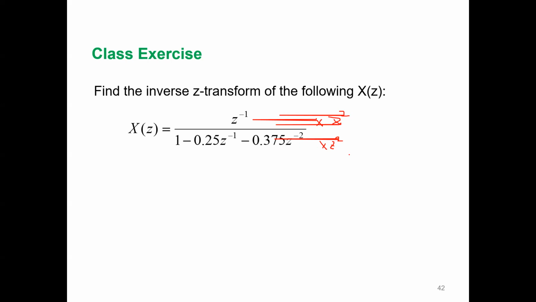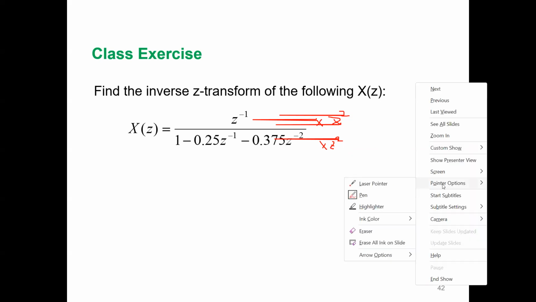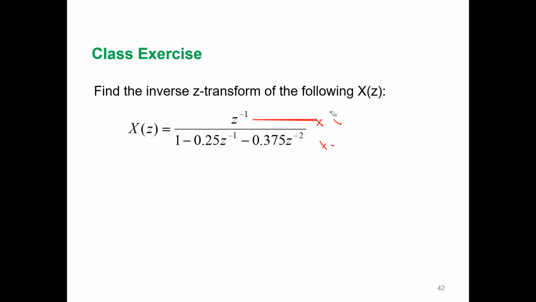So depending on how easy it is to work with z to the minus powers or plus powers, you can do this change or reformatting the rational polynomial into z to the positive powers or z to the negative powers, right? So in this particular case, during the time of figuring out the partial fractions, a lot of people are familiar with working with z to the positive powers.